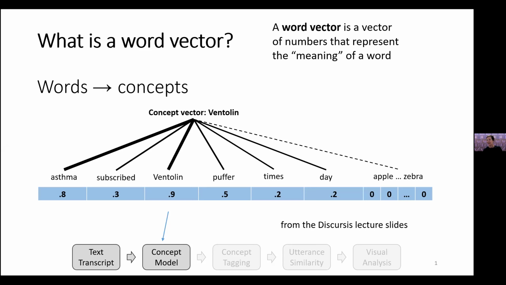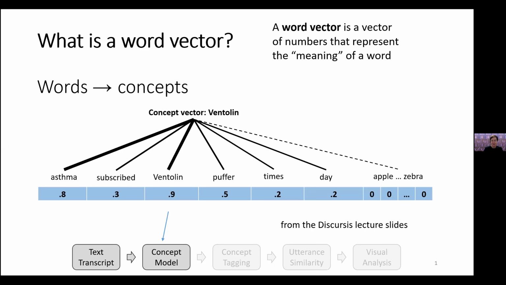Those of you who were partially awake on Wednesday would have seen "from words to concepts". So Ben asked, what's a word vector? Technically, people would define it as a vector of numbers that represents the "meaning" of a word.